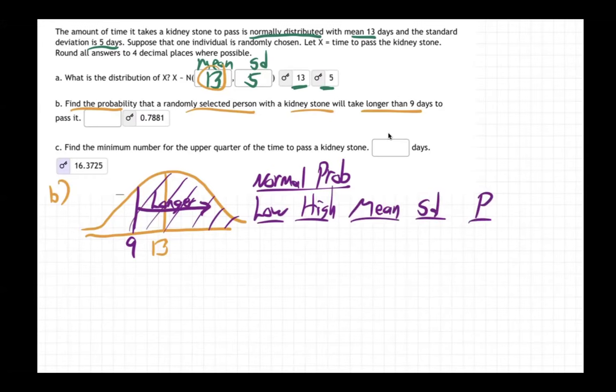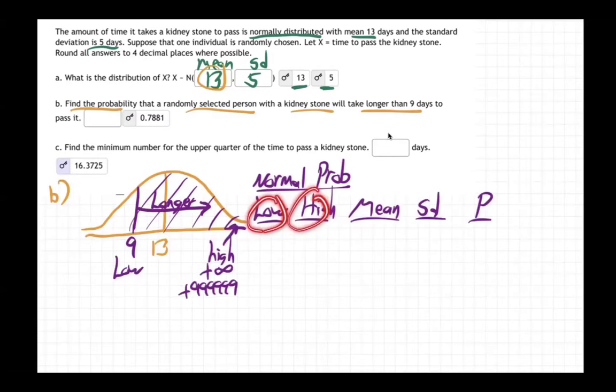Whenever we do the low and the high, that's the left edge and the right edge. So this is the low. The high is going to be right here, which is positive infinity, which we put in as 6 nines.